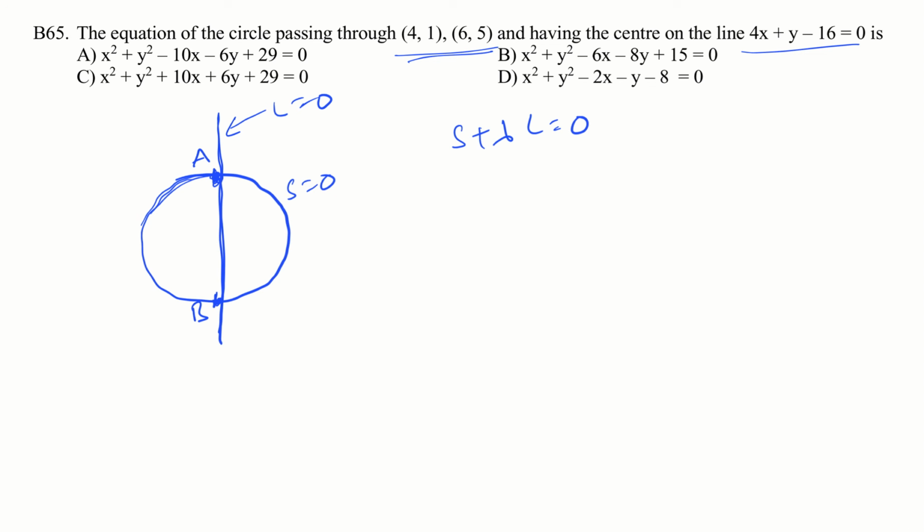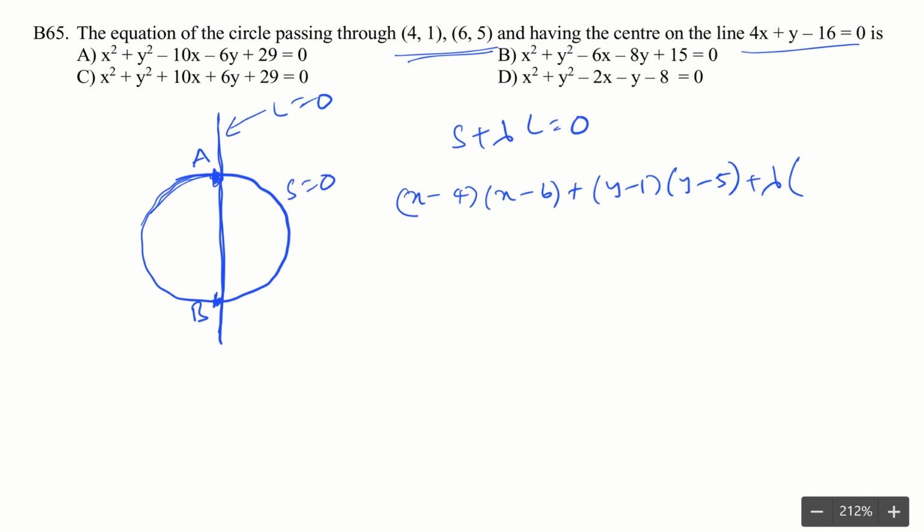So for that, let's first go for the equation of the circle having AB as diameter. We know the formula, it is (x minus x1) into (x minus x2) plus (y minus y1) into (y minus y2) equal to 0, plus lambda times the line joining those 2 points is equal to 0. Now let's write the equation of the line joining AB.